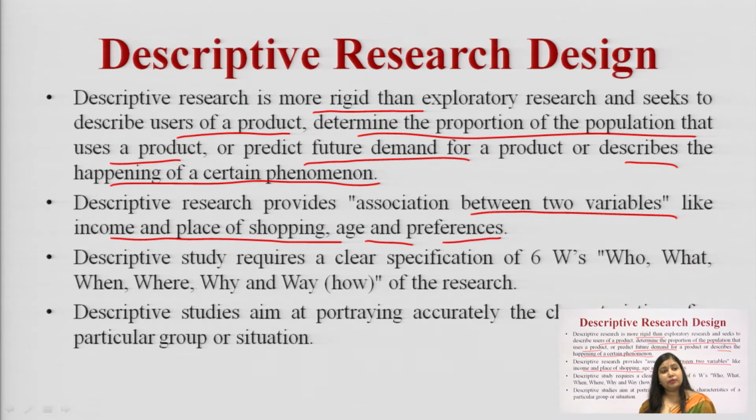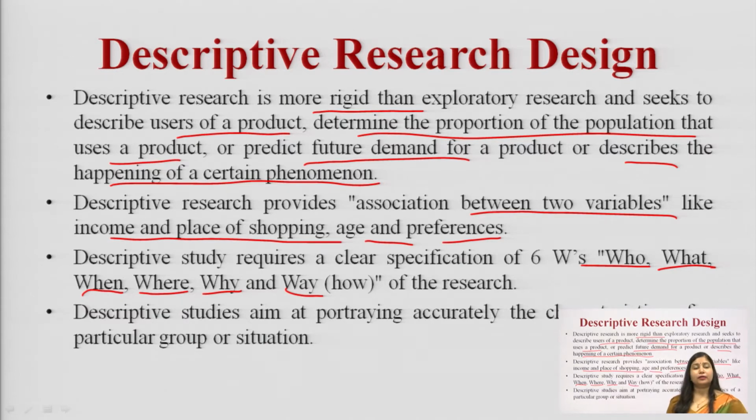Then the descriptive research requires the clear specification of 6W, meaning in this study you are going to answer 6 questions. By doing this you will get to understand who has done it, what happened, when it happened, where it is going to happen, why it happened, and in what ways or how it is going to happen.